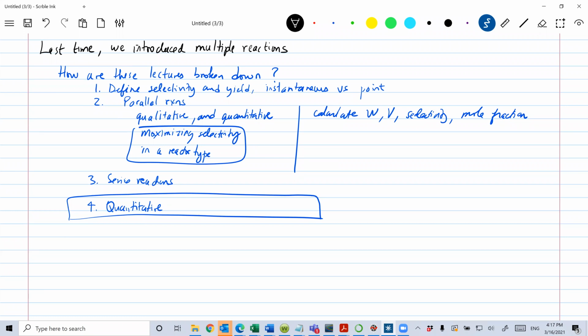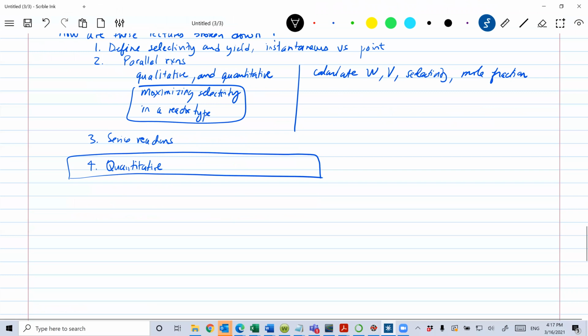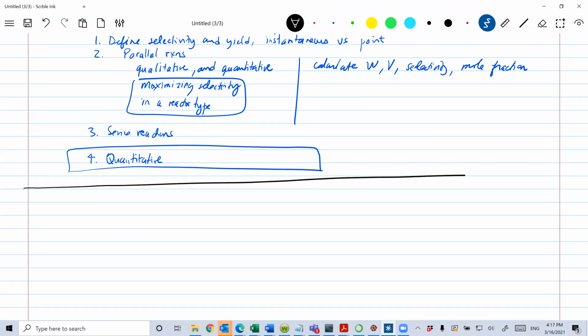All right, so let's start it. So now we are at parallel reactions. Last time we stopped at reactor choice and feed choice conditions, and I won't go through that much because you can look at it. So let's say now you have 2 parallel reactions, just like we did before.